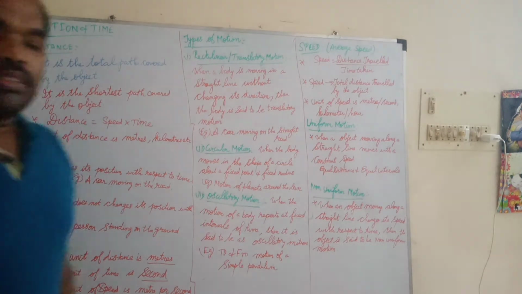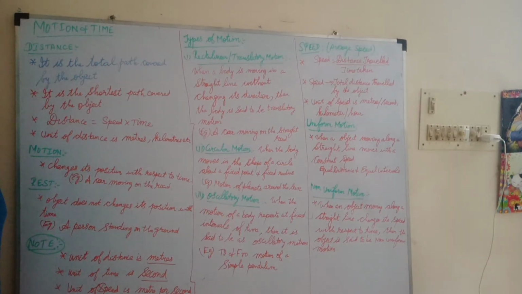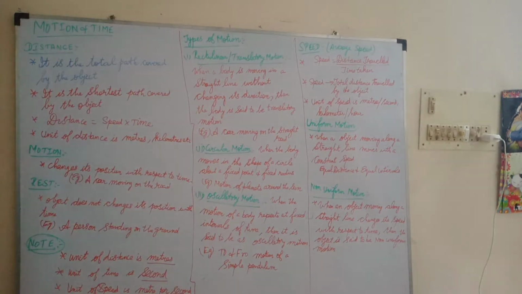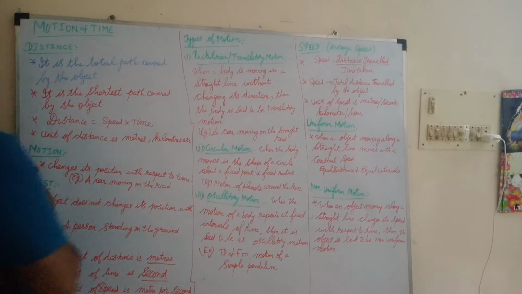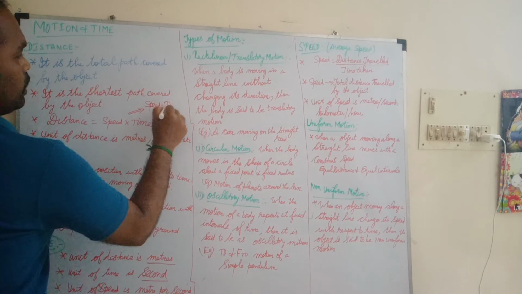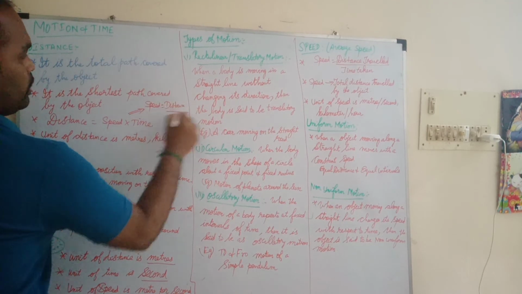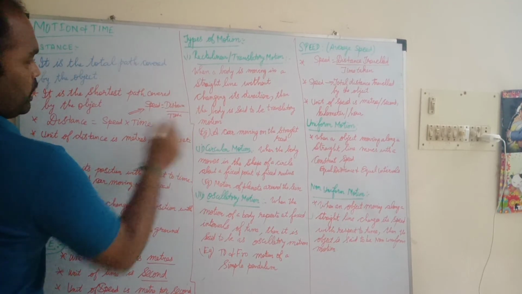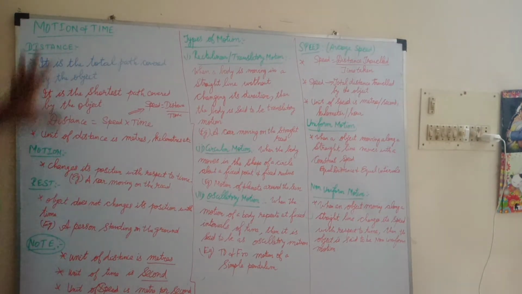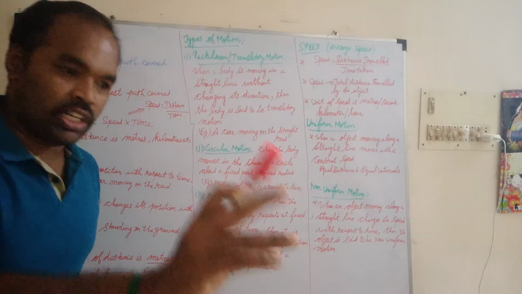What is the unit of distance? Meters. So if you need to write speed equal to distance by time, distance is meter and time is second, so meter per second. That's all about distance, motion, rest.